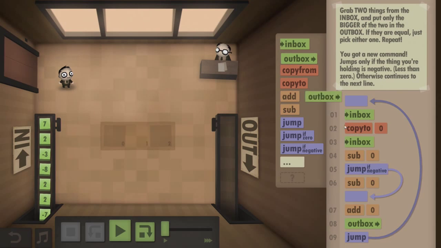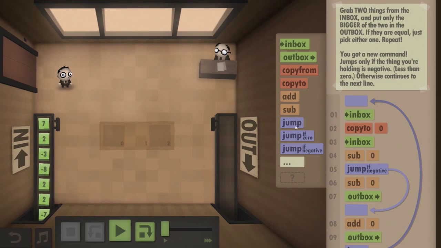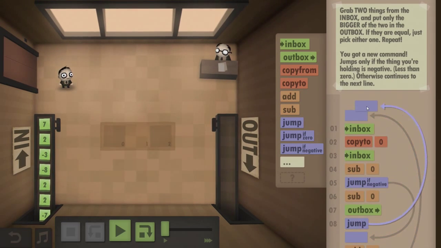Sub-0, outbox, jump. I hope that makes sense.